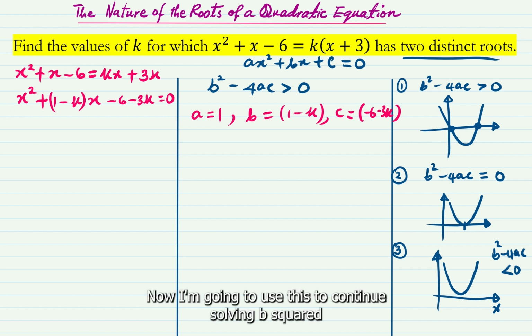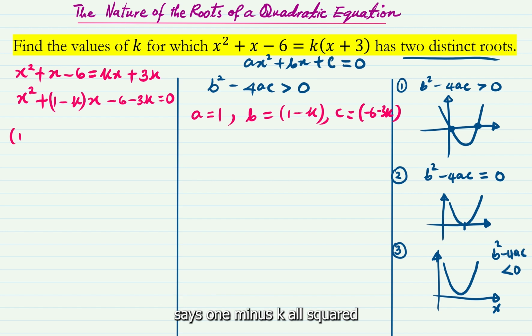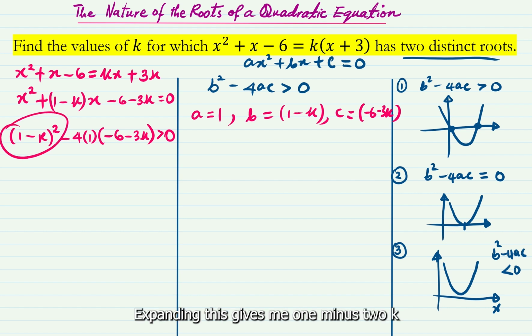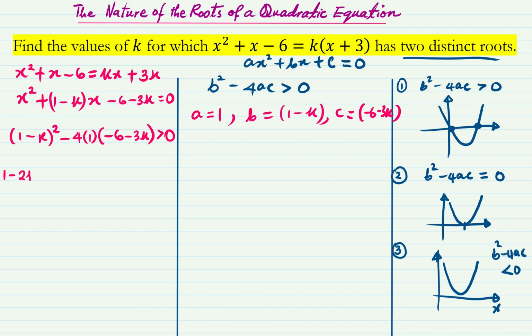Okay, now I'm going to use this to continue solving. b squared, which is (1 minus k) all squared, minus 4 into 1, and then c, which is minus 6 minus 3k, should be greater than 0. Expanding this gives me 1 minus 2k plus k squared.